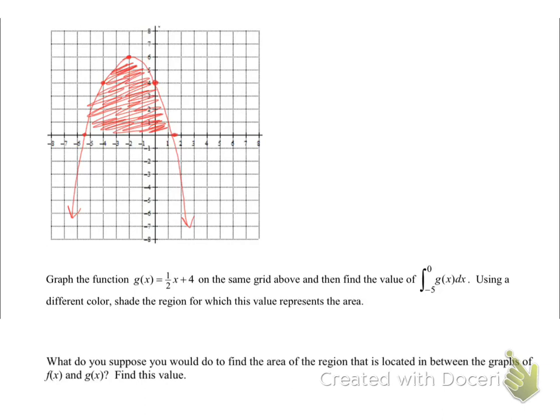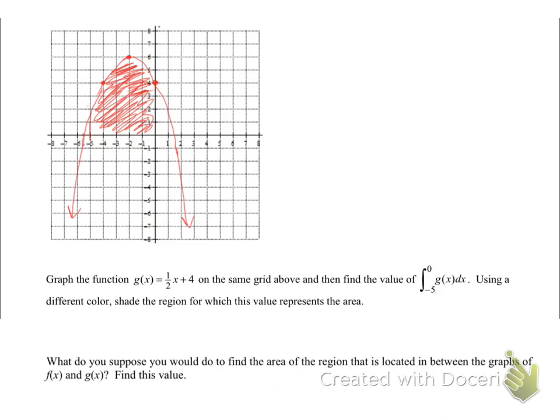On the same grid, you're going to graph g of x. And I actually have this shaded wrong, so let me fix the shading here. Okay, so it only goes from negative 5 to 0, which is this. So I think that's what I had on the last slide.